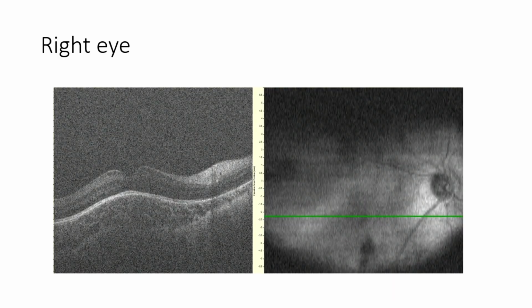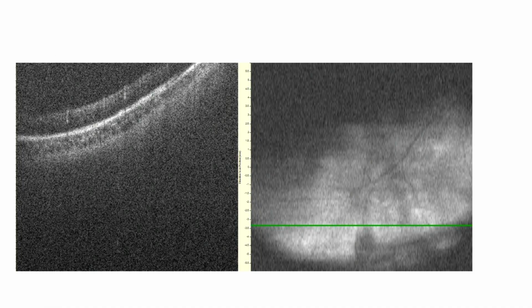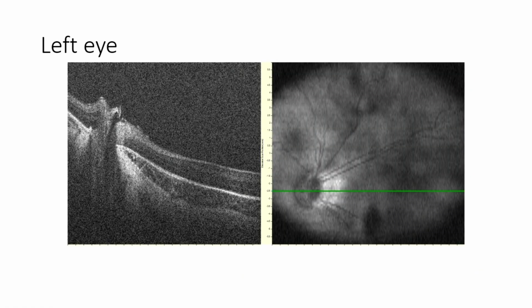So the findings were confirmed with the handheld SD OCT. In the right eye, the macula and the optic disc were intact with minimal or no fibrous tissue visible in the pre-retinal space. This is the periphery of the right eye. No pre-retinal fibrous tissue causing any traction was seen.